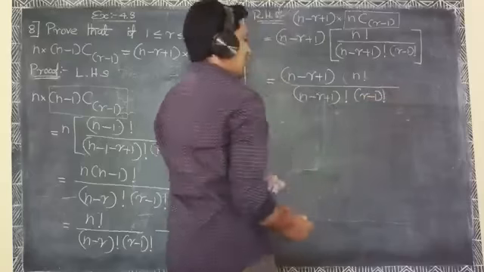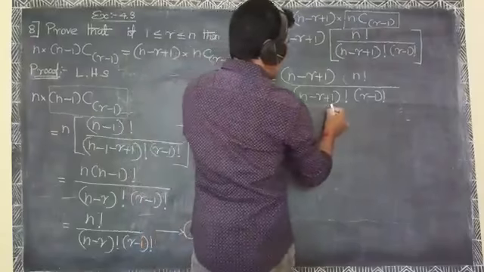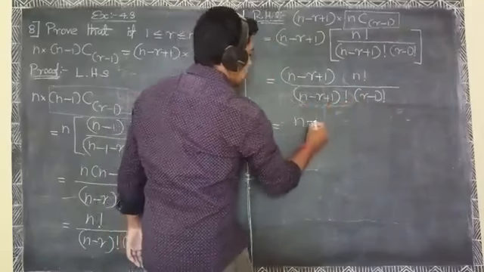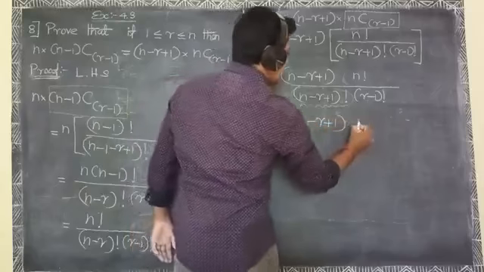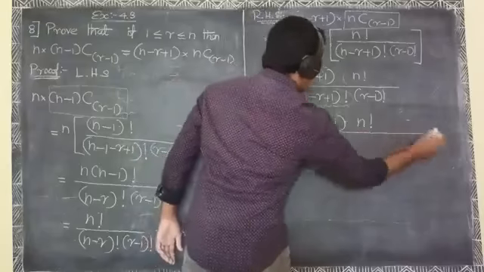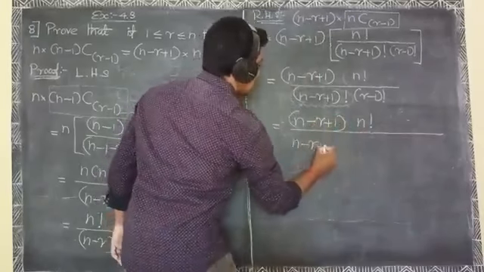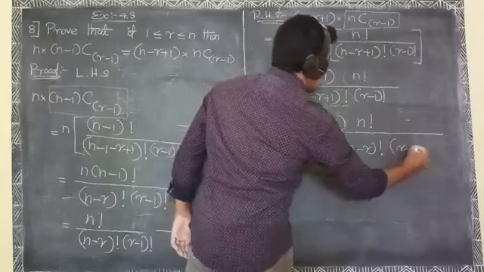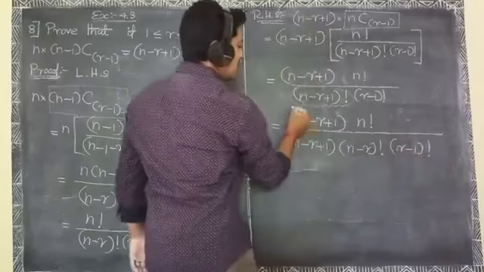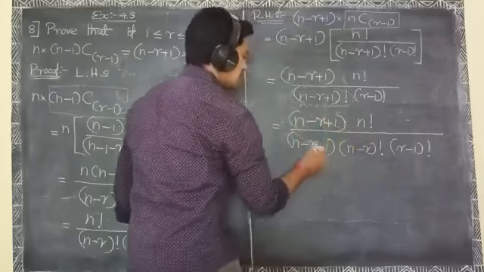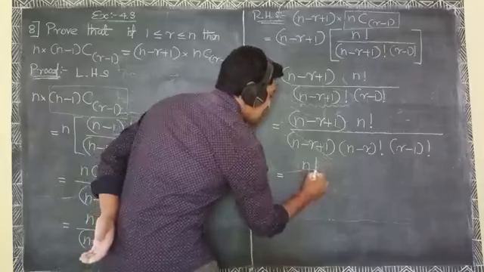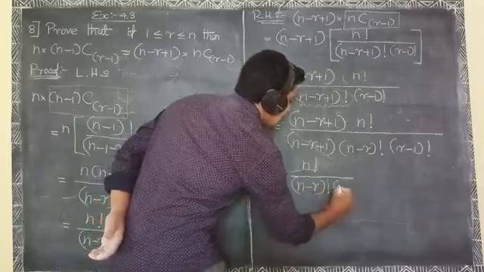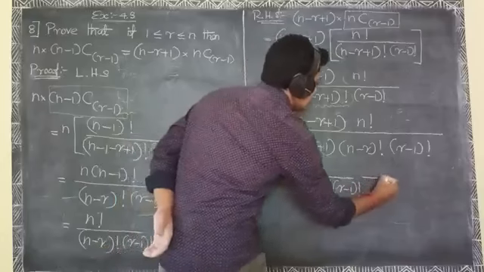Here we can change the factorial (n minus r plus 1)! into (n minus r plus 1) into (n minus r)!. Then the numerator's (n minus r plus 1) and the denominator's (n minus r plus 1) cancel. The remaining is n! divided by (n minus r)! into (r minus 1)!. This is equation number 2.